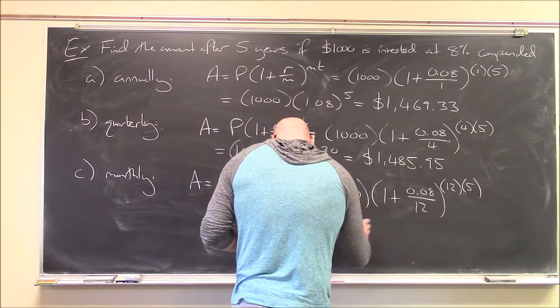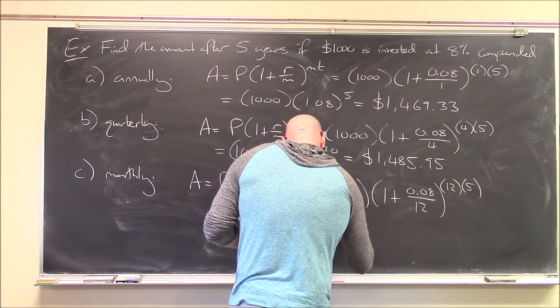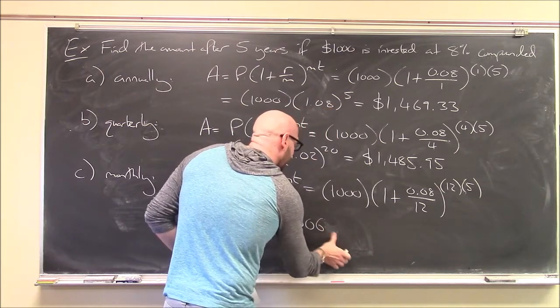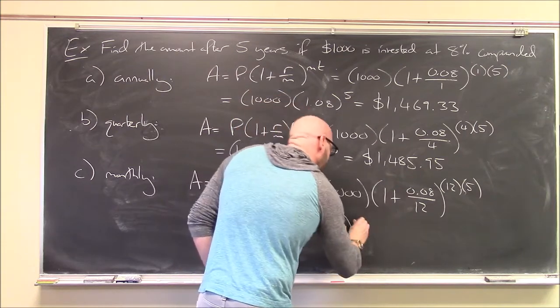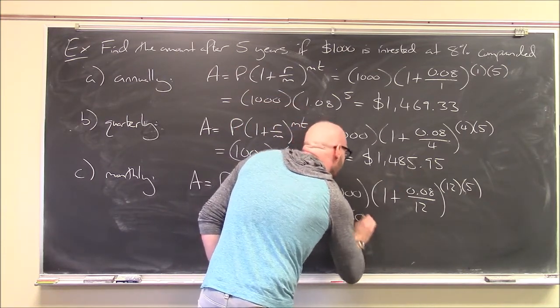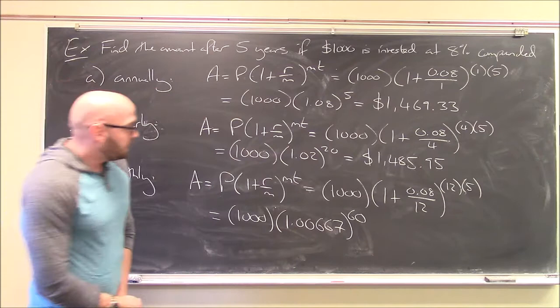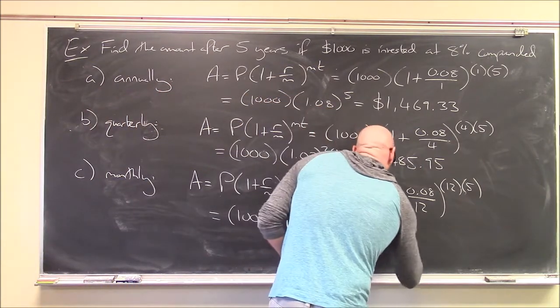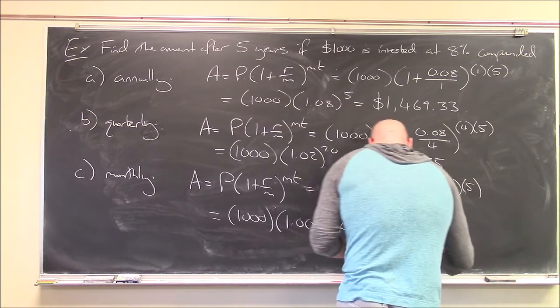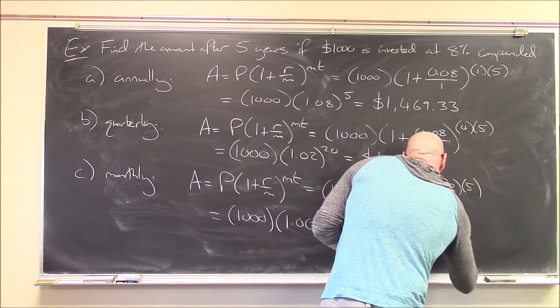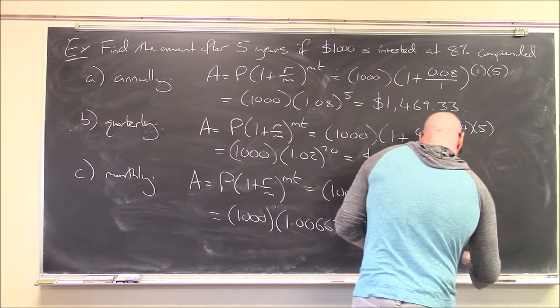Maybe I should go one more decimal place, right? Let's be careful with our rounding. 67, to the power of 12 times 5 is 60. And you plug this into a calculator, you compute it, and you get that this is 1489.85.